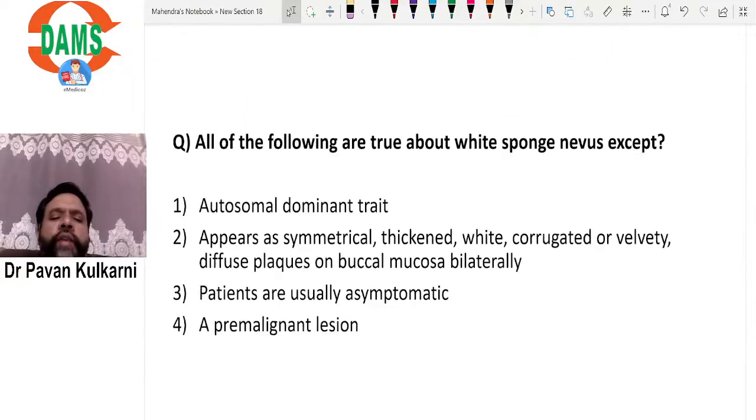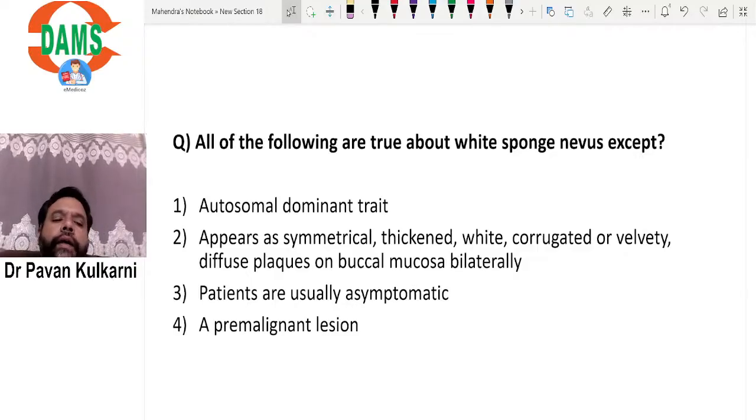Okay, moving on to the next question. All of the following are true about white sponge nevus except: white sponge nevus typically is autosomal dominant. Yes, it is true. It shows bilateral buccal mucosa symmetrical white corrugated plaques. Yes. They are asymptomatic. Yes. It is a pre-malignant lesion. No, it's wrong. White sponge nevus is totally benign.